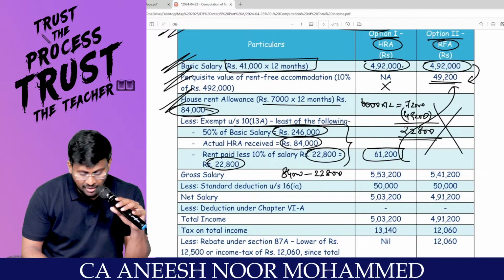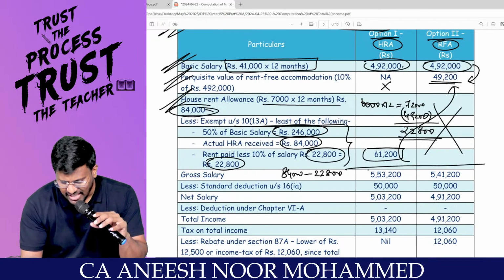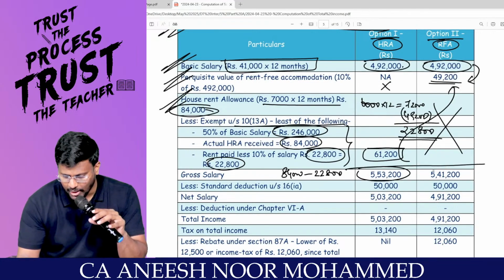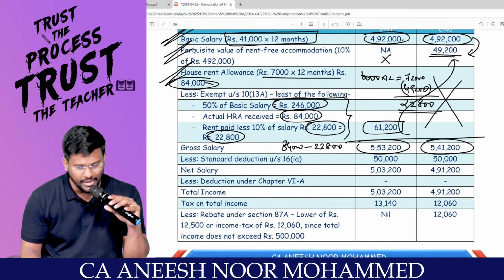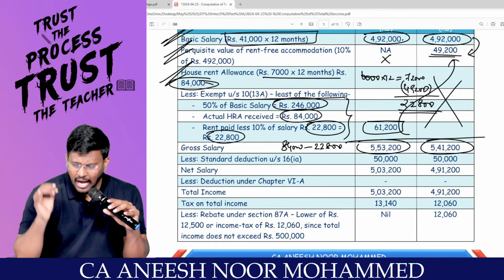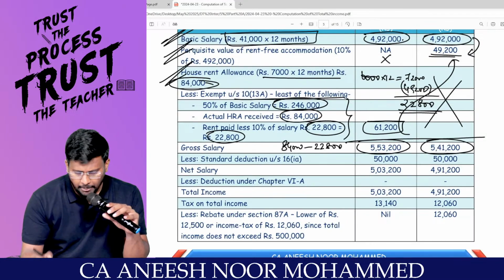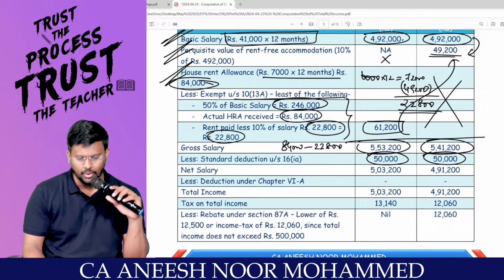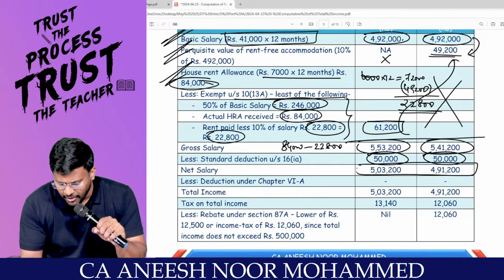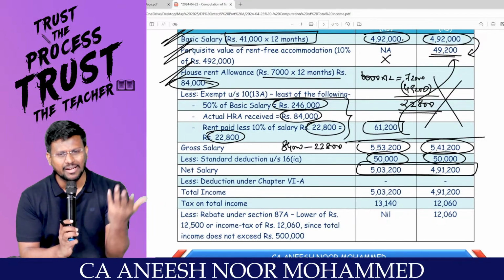My dear lovable students, gross salary 5,53,200 and 5,41,200. Right, sir? Sir, under both the options, I am traveling under the optional tax regime only. My standard deduction will be 50,000 and 50,000 only. My net salary will be 5,03,200 and 4,91,200.